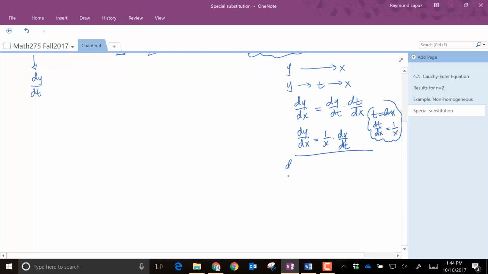So we need the derivative of this thing with respect to x, dy dx, and that is the derivative of this thing with respect to x. Oh man. So it's the derivative of the first times the second plus the first times the derivative of the second.